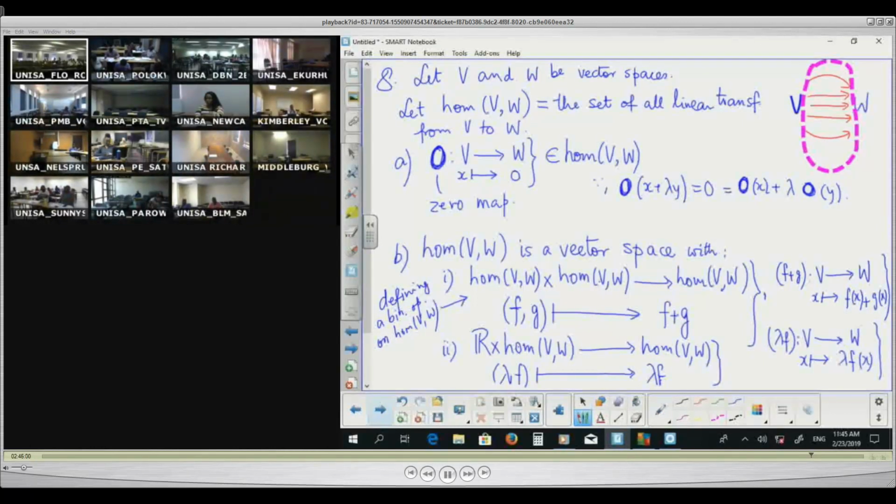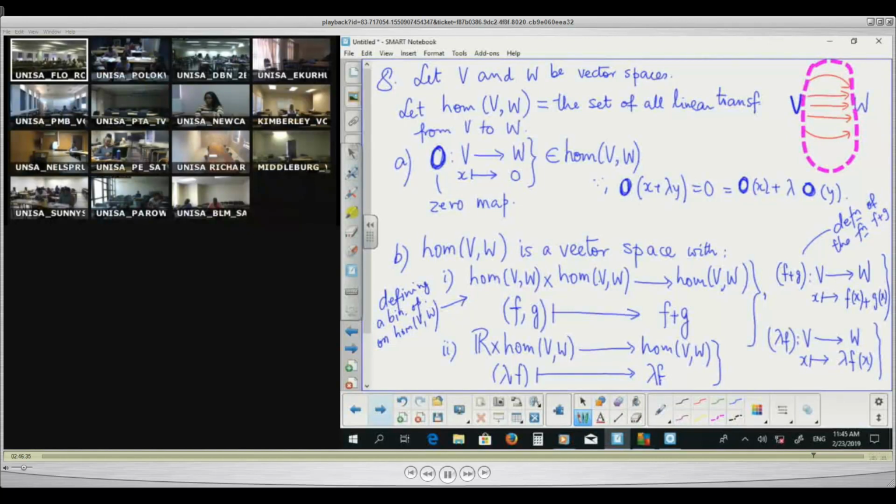Now, f plus g is a linear transformation from V to W. So how should I define that function f plus g? So this is the definition of the function. Okay? So I have to get it as a function first from V to W.